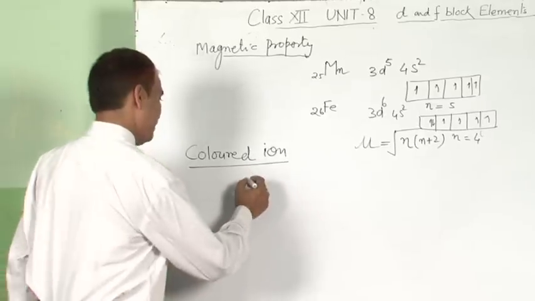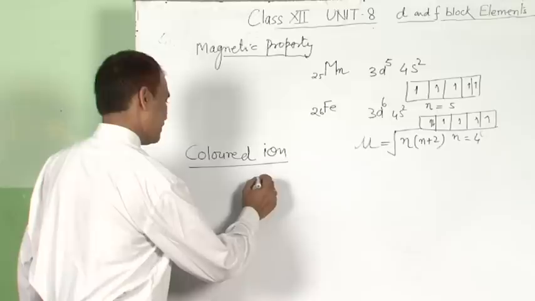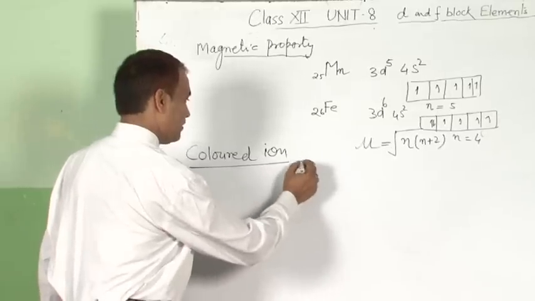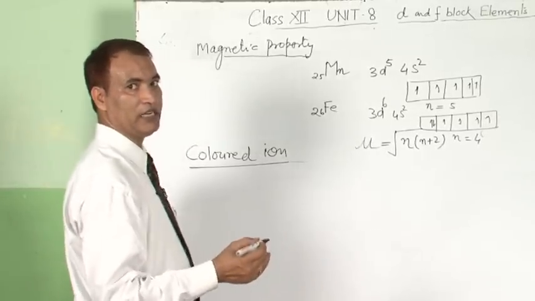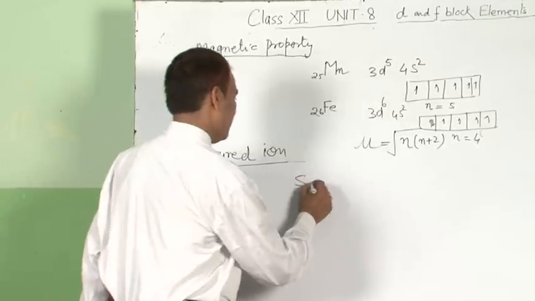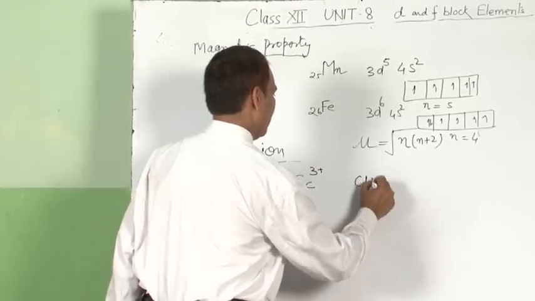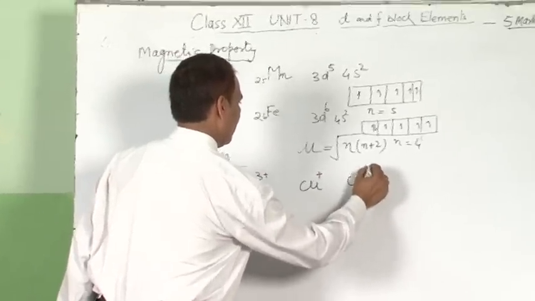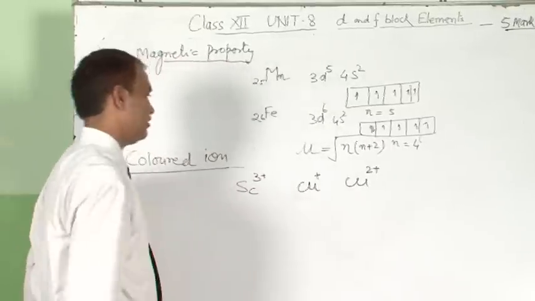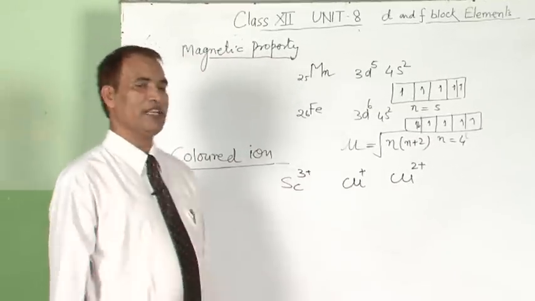For example, the question can be asked, which of the following are colored, whether it is colored or colorless, like scandium. First we have to know the electronic configuration.